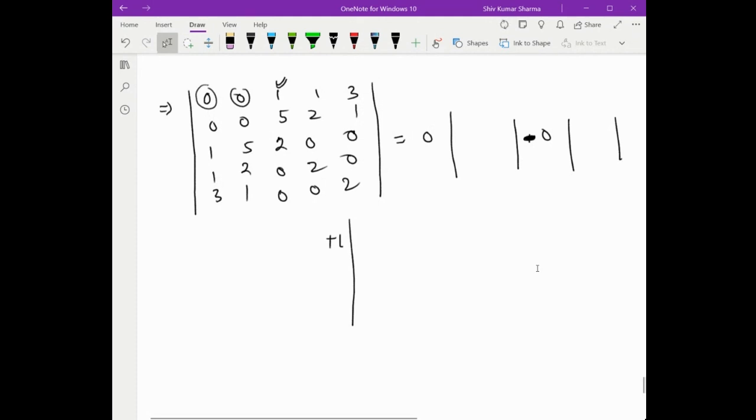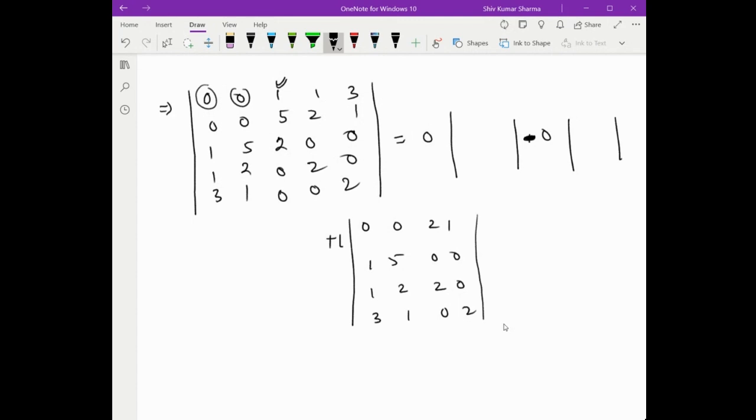We don't use this column and the first row. So we write the remaining elements: 0 0 2 1 and 1 5 0 0 1 2 2 0 and 3 1 0 2.